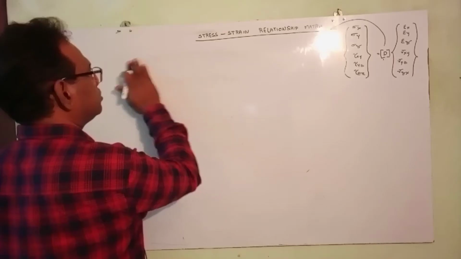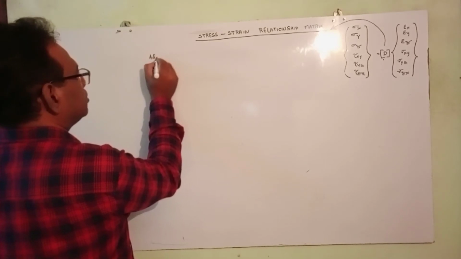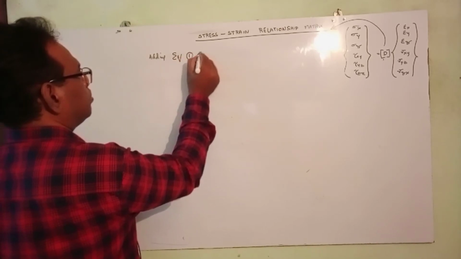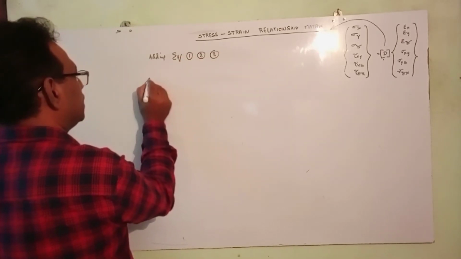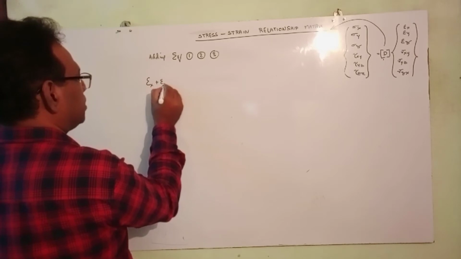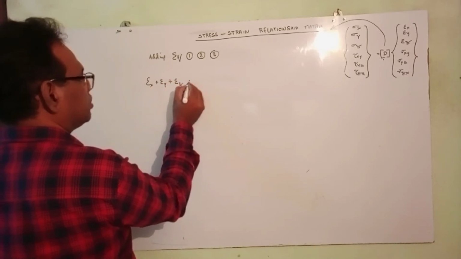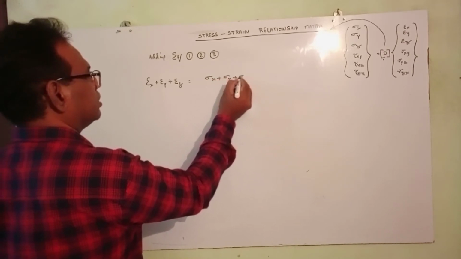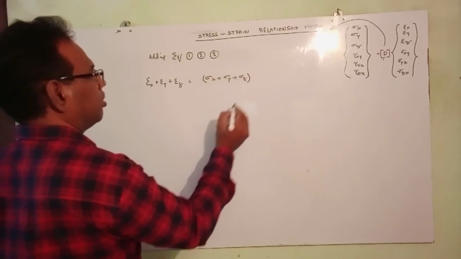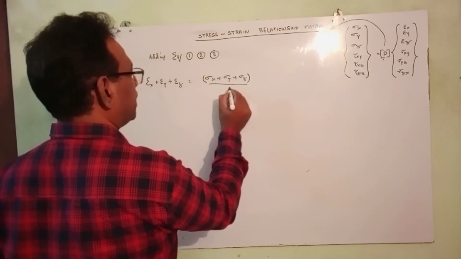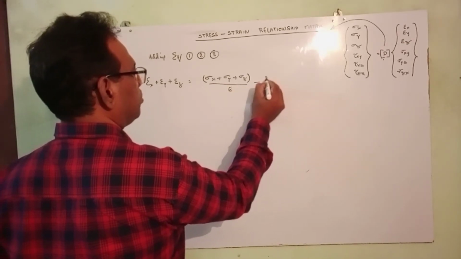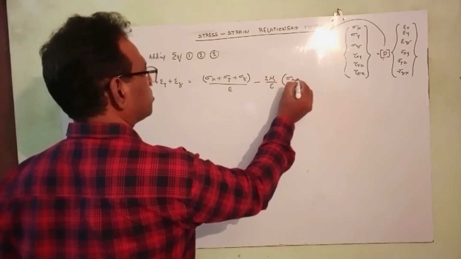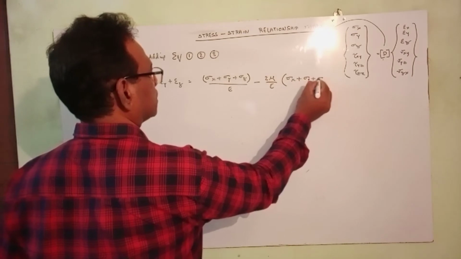So adding equations 1, 2, 3, epsilon x plus epsilon y plus epsilon z is equal to sigma x plus sigma y plus sigma z by E minus 2 mu by E into sigma x plus sigma y plus sigma z.